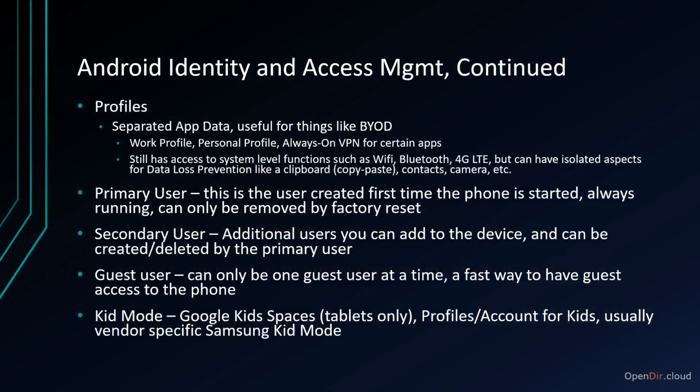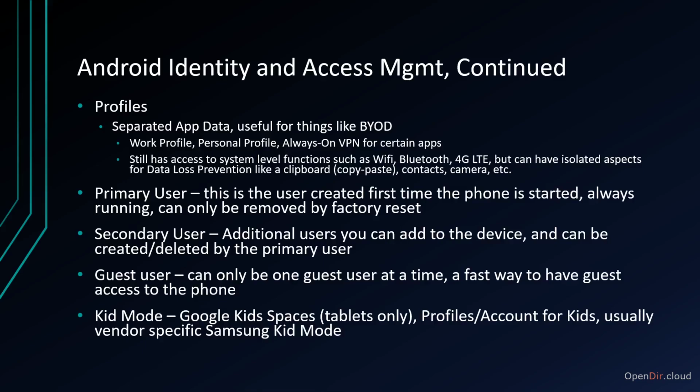Now, some other interesting things about Android Identity Access Management that are upcoming are instances such as profiles, and this can allow you to separate not only application data, but it can also allow you to separate functions such as the clipboard or contacts and cameras into their own separate profiles. So a profile is usually used in use cases when we need something like a bring your own device.